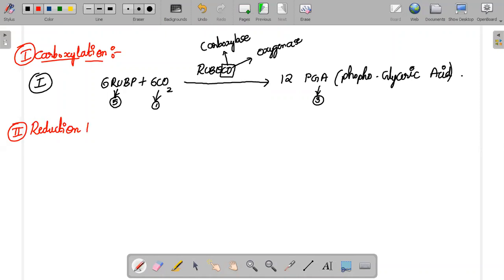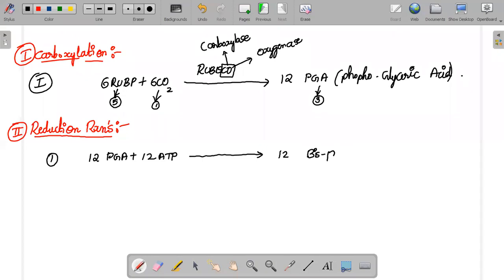So 12 PGA molecules plus 12 ATP molecules react together and produce 12 molecules of bisphosphoglyceric acid.